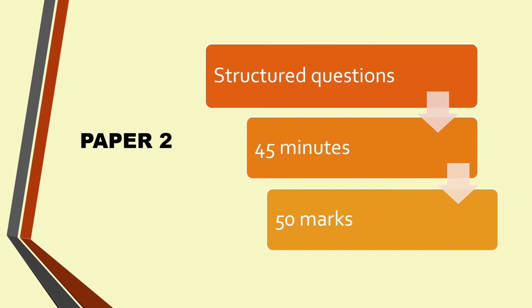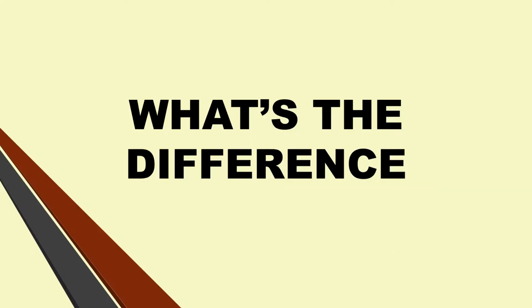For paper 2, the format is the same as in paper 1 science, whereby students write structured questions. The time limit is 45 minutes and the marks awarded is also 50 marks. Now, students may wonder, what's the difference between paper 1 and paper 2?